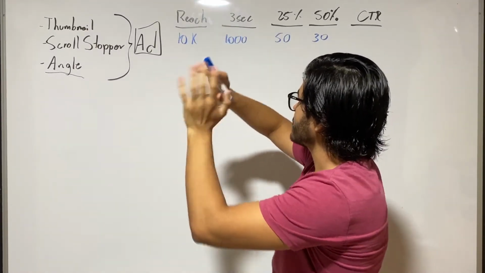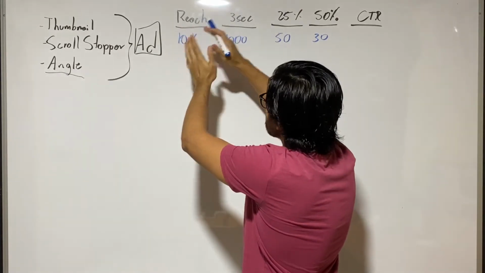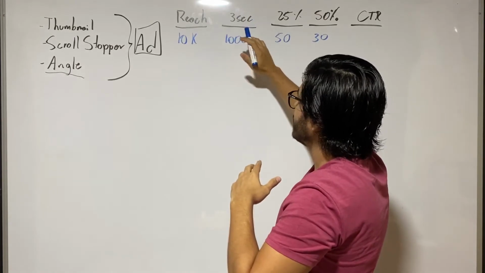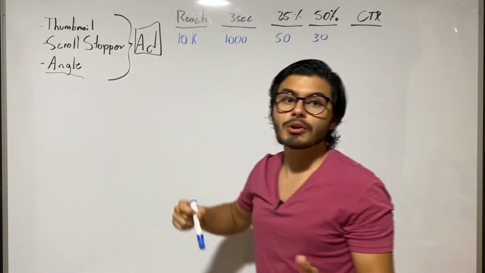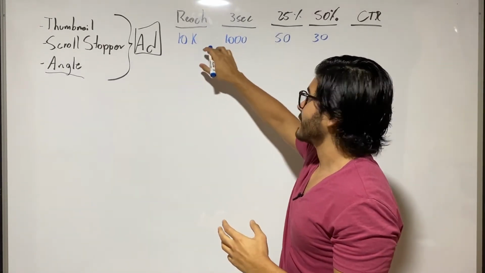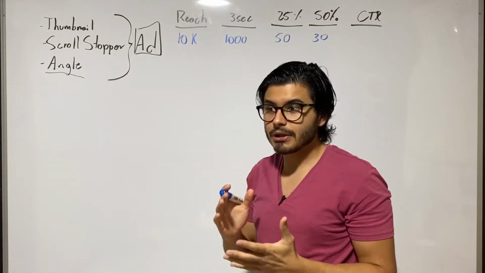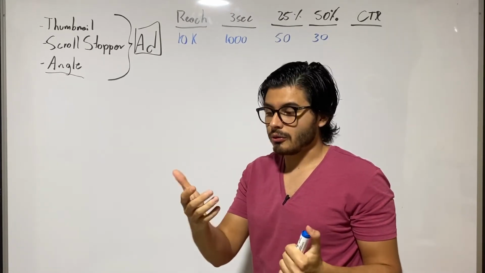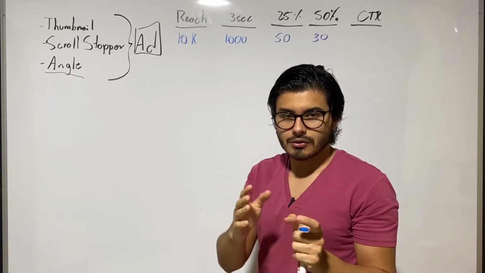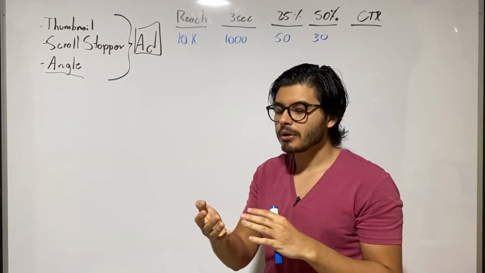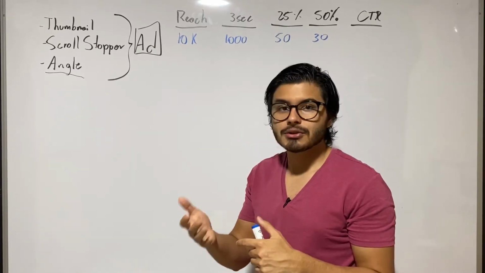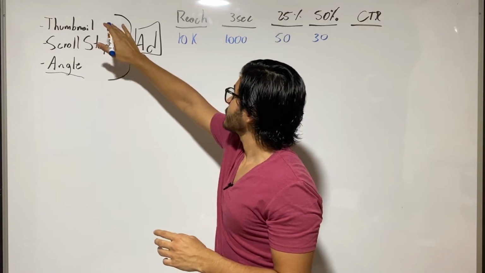So if our ad has landed 10,000 times, but only 1,000 people start watching the ad, it means that the thumbnail is not working, because it's not grabbing people's attention. Right here is a huge gap. People are not interested in starting to watch the video, or maybe they watch a little bit and then they continue scrolling, so the thumbnail is not working.